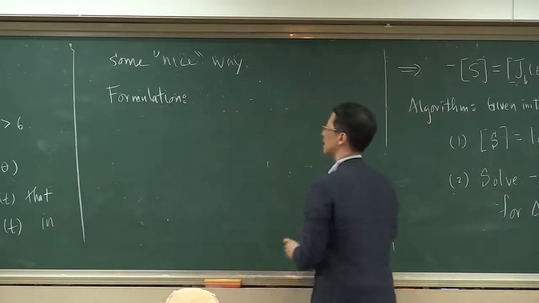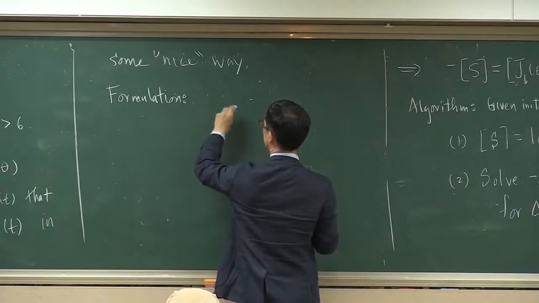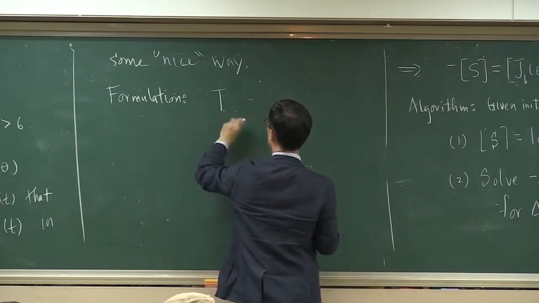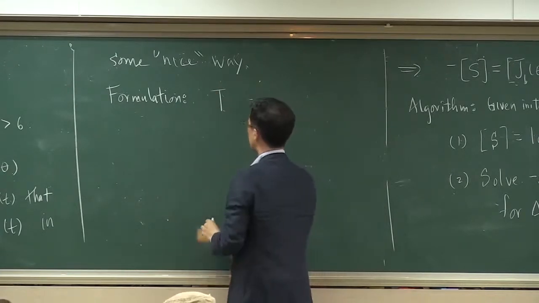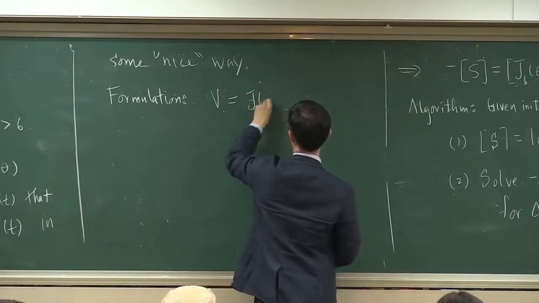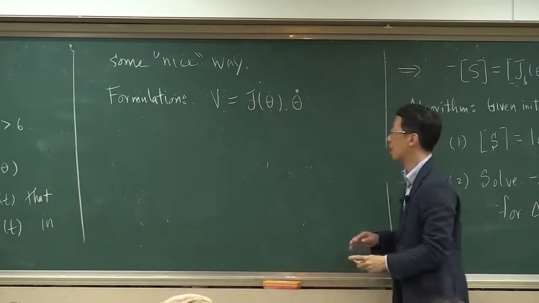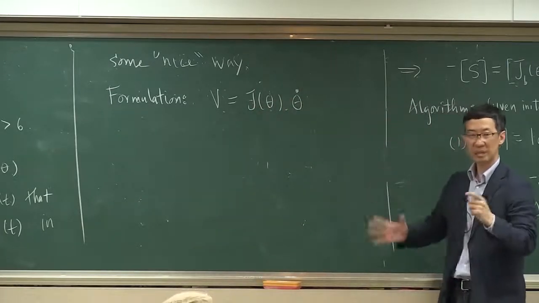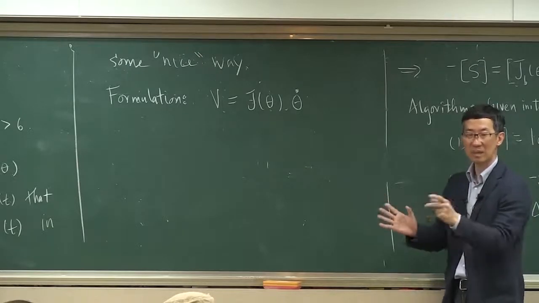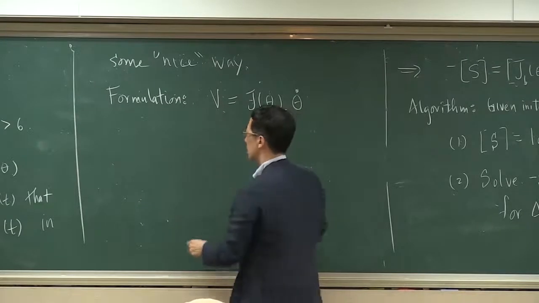So in the general case, let's write the Jacobian equation. v equals J of theta times theta dot. It can be the space Jacobian, it can be the body Jacobian, doesn't matter here. So v is given.